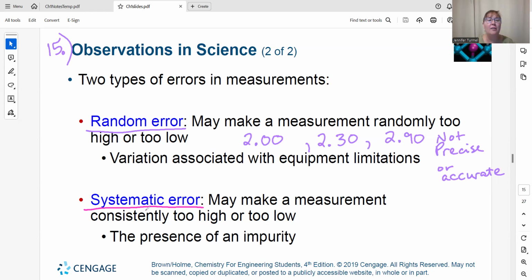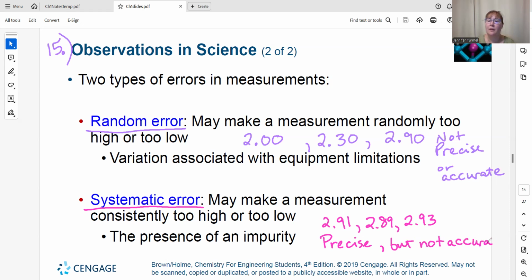An example of that would be from the previous slide, 2.91, 2.89, and 2.93. This is precise, but not accurate. And those are usually easier to fix than a random error is.